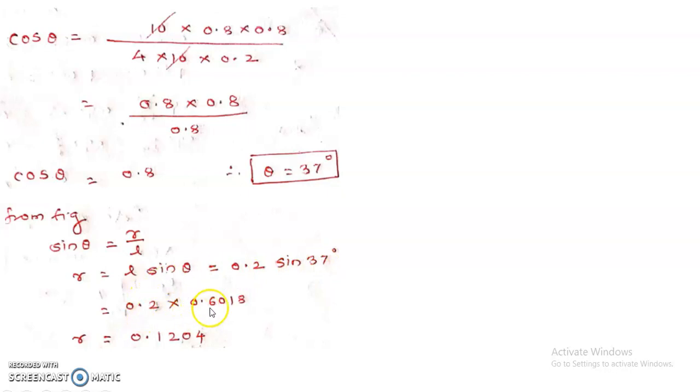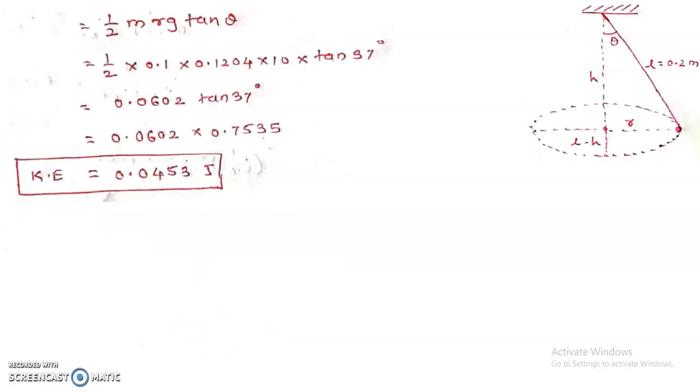Sin 37 is 0.6018. The multiplication of these two is 0.1204. So we get the radius as 0.1204 meter, in SI system.